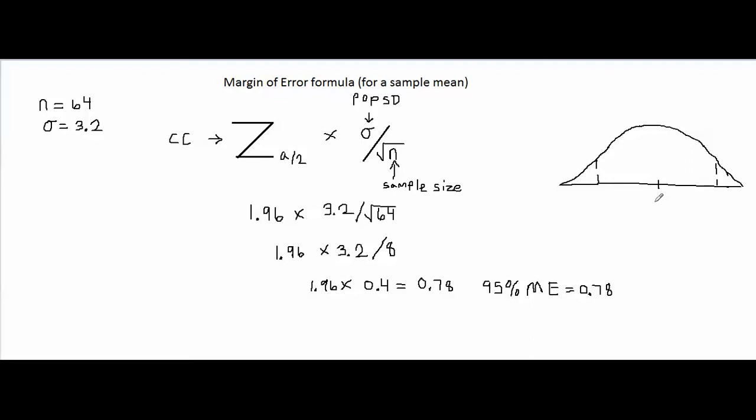Here's the unknown population mean that I'm estimating. It's the mean number of siblings of all JFK students.